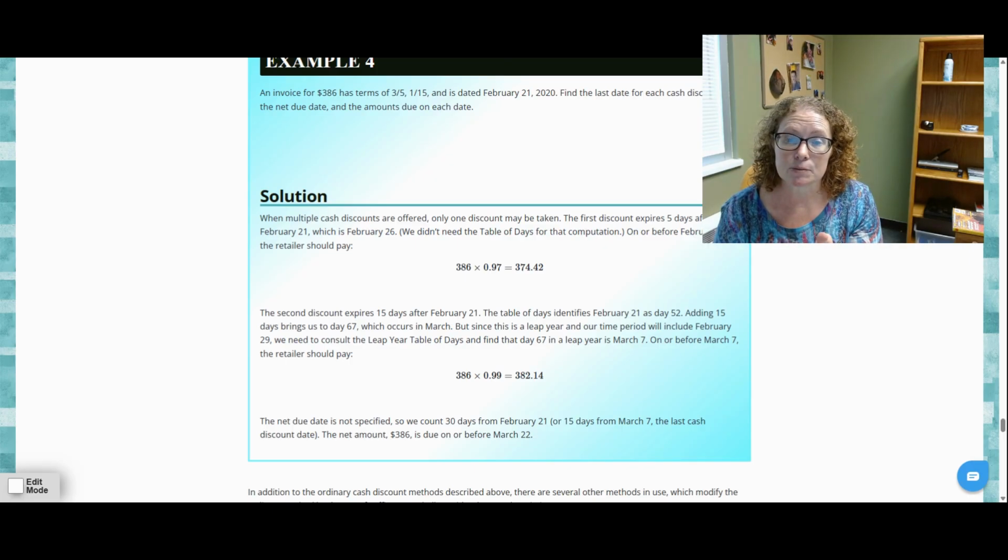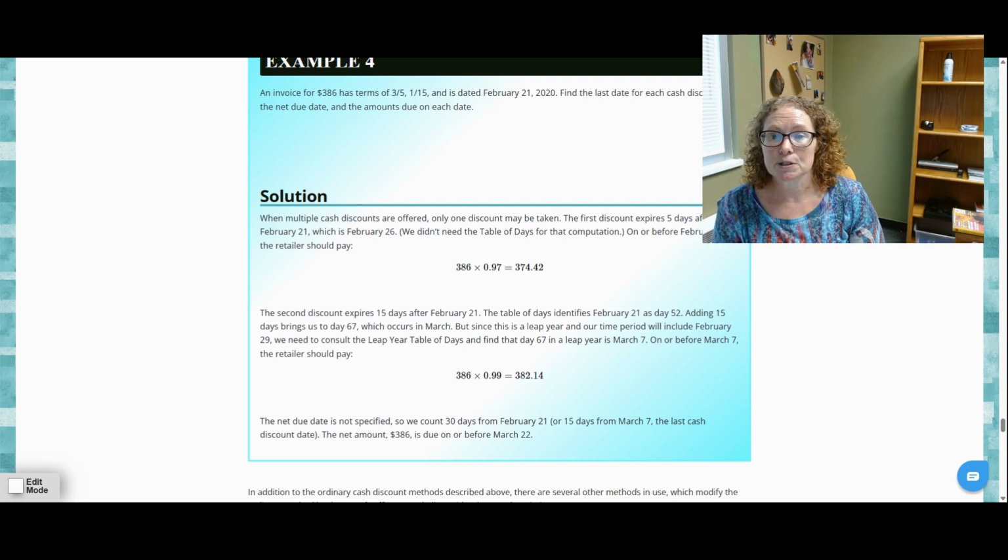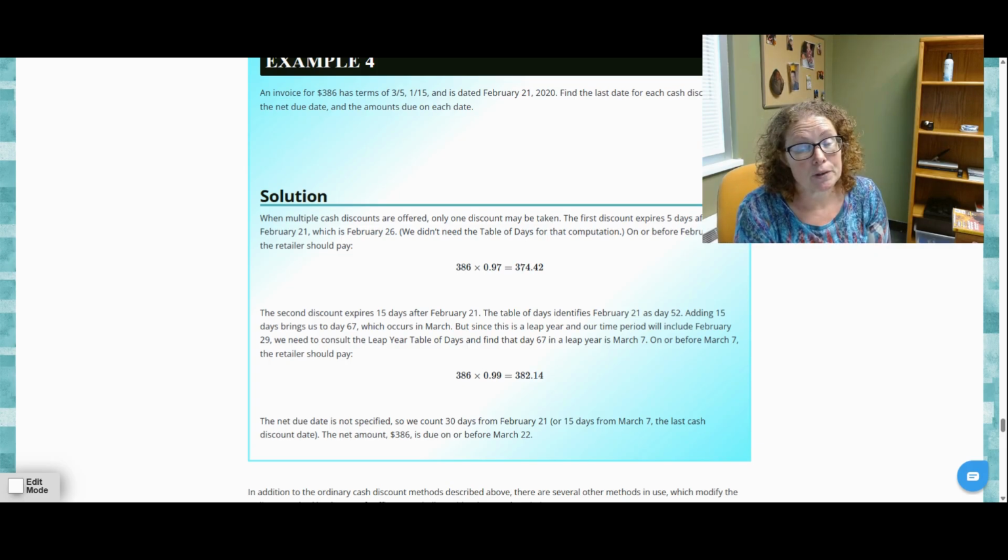If we pay within 5 days, we will get that 3% discount. What is that? It's 386 times 0.97. Remember the complement of 3? That gives us $374.42. So as long as we pay on or before February 26th, we would only pay $374.42.